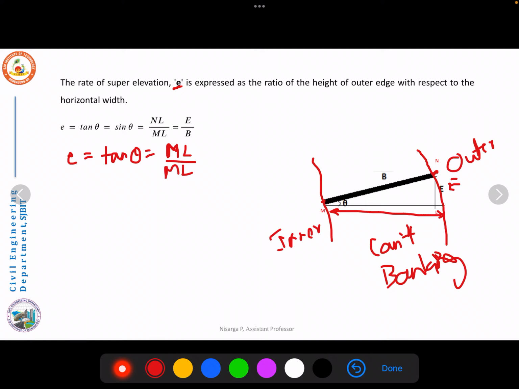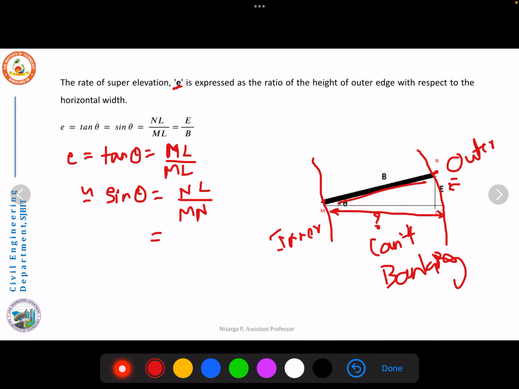But here we don't know the value of ML. At a very small angle, theta will be very small, and tan theta will be approximately equal to sin theta. So sin theta will be the opposite side NL divided by the hypotenuse, that is ML.